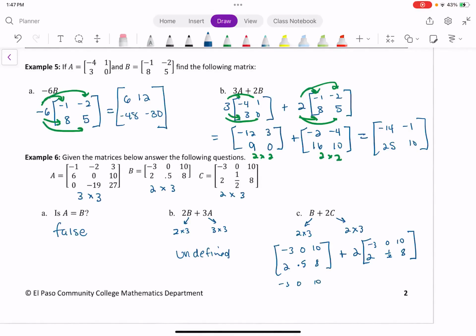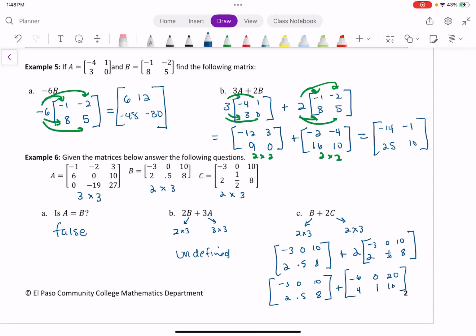This matrix did not have a scalar multiplication, so I rewrote it. The second one does have a scalar multiplication. This is negative 6, 0, 20, 4, 2 times 1/2 is 1, and 16.